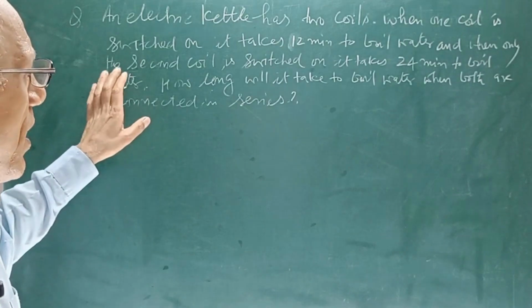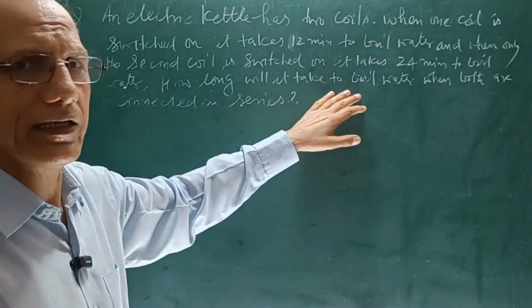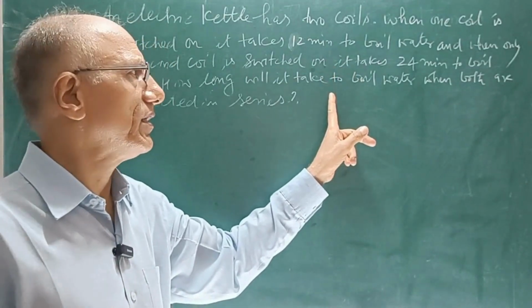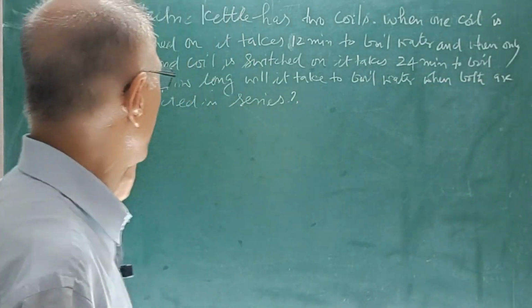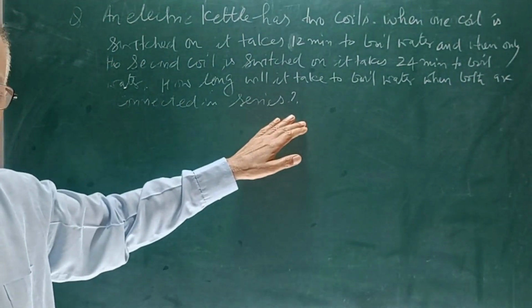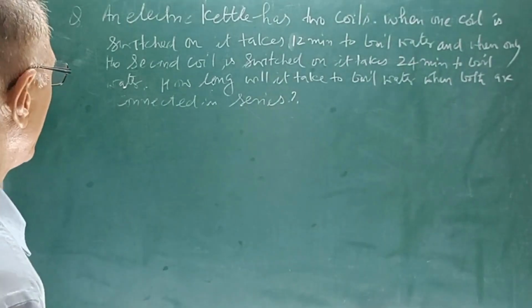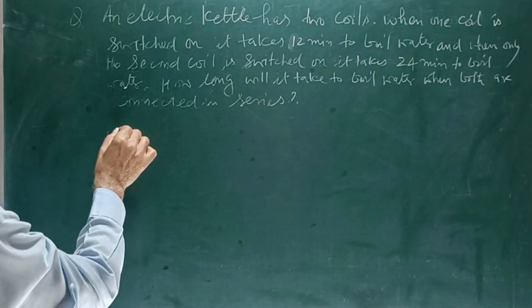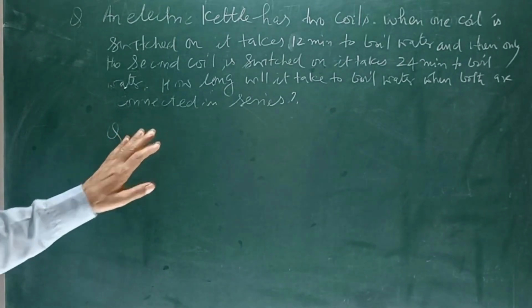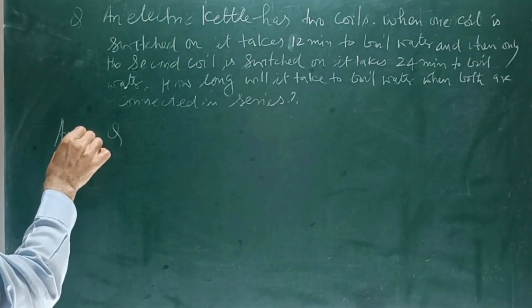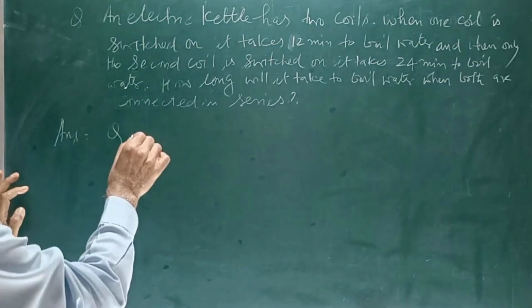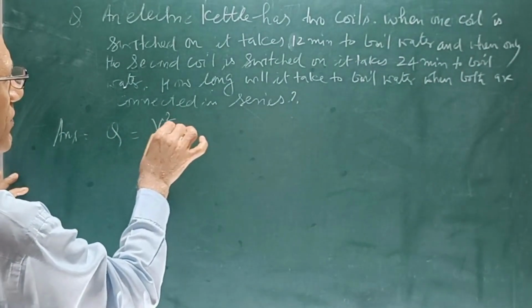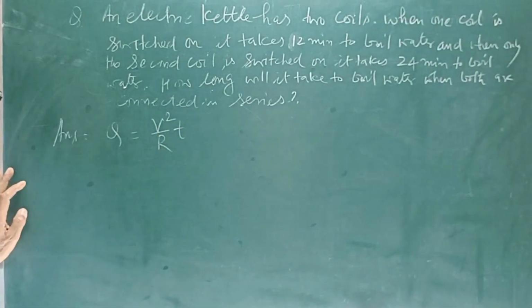Now, how long will it take to boil the same water when both the coils are connected in series? So, as far as the heat required to boil the water is concerned, it is V square by R into T.